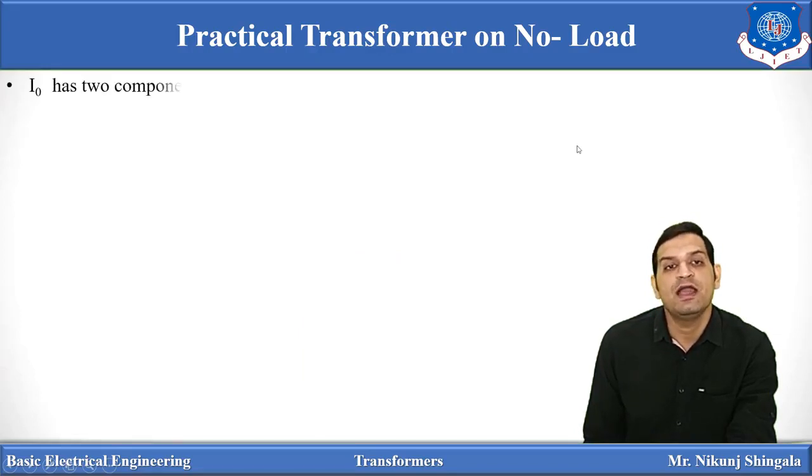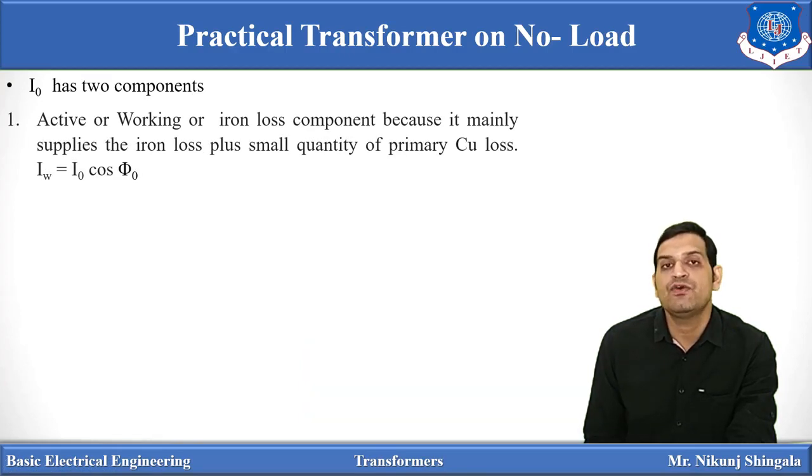From this phasor diagram we can say I0 has two components. The first one is the active component, or working component, or loss component, because it mainly supplies the iron losses plus some quantity of copper losses. IW is given by I0 cos phi 0, which is the component of the no-load primary current in phase with V1.